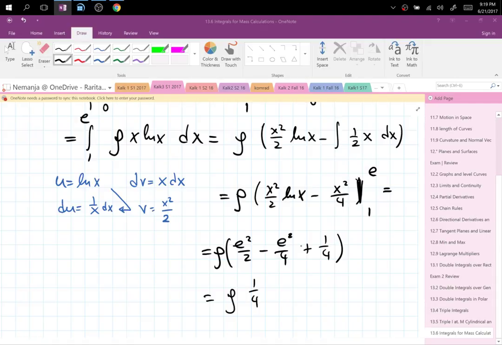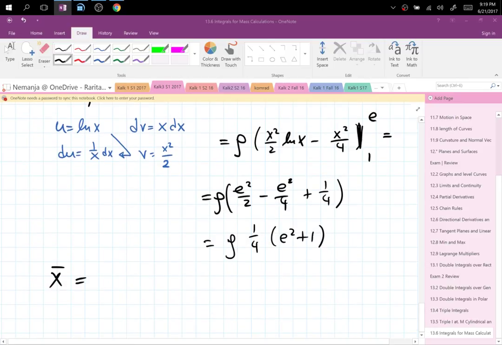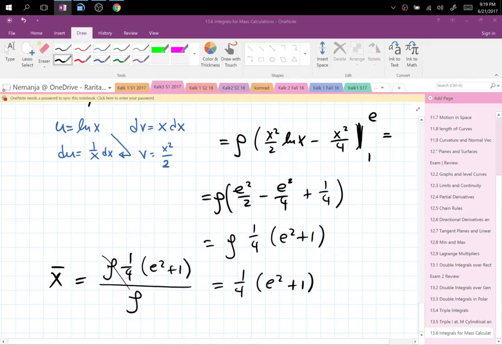So that's 2 minus 1, so it's e squared plus 1. X bar is rho times 1/4 times e squared plus 1, divided by rho. These guys cancel, and I get 1/4 of e squared plus 1. Now e squared is roughly 10, plus 1 is 11. A quarter of 11 is, right, 2 point whatever.